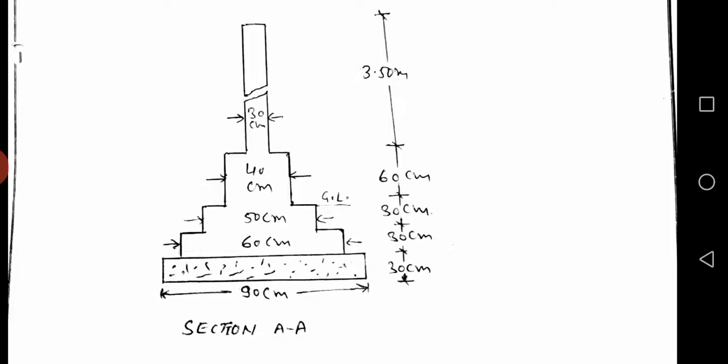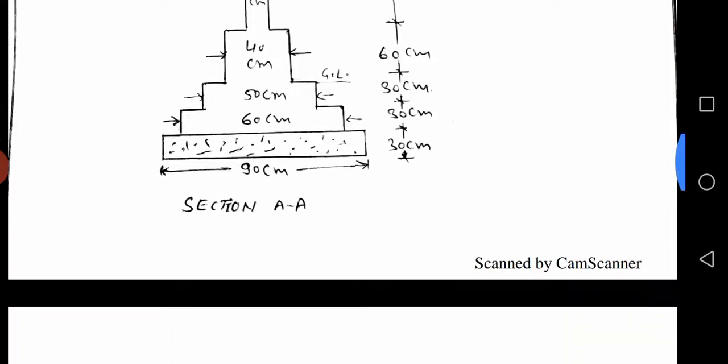Then the ground level, then the plinth is given 40 centimeter width and 60 centimeter depth. Then the superstructure wall, that is 3.5 meter high and 30 centimeter thickness of wall.